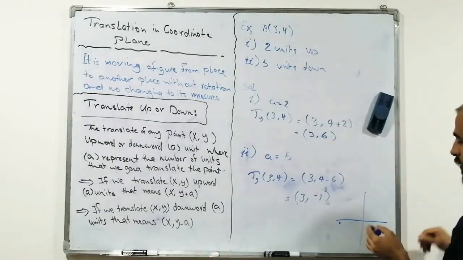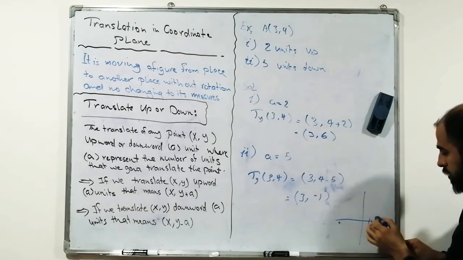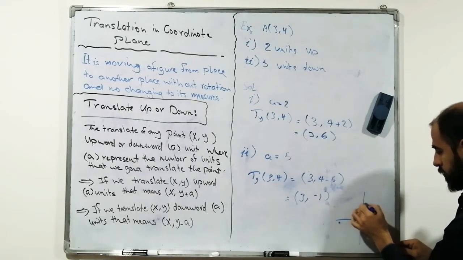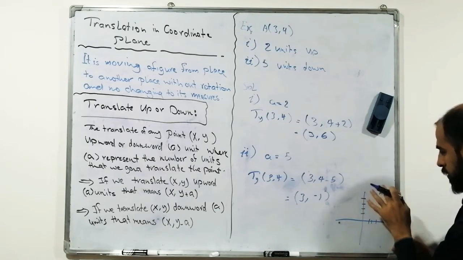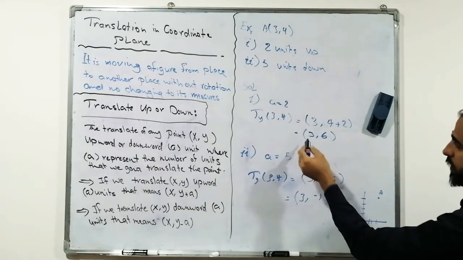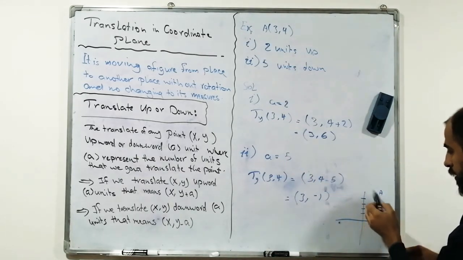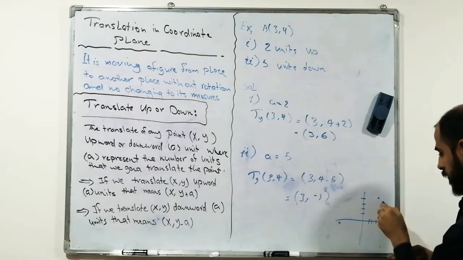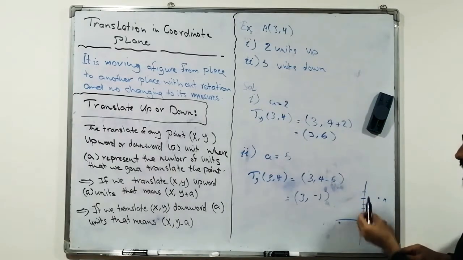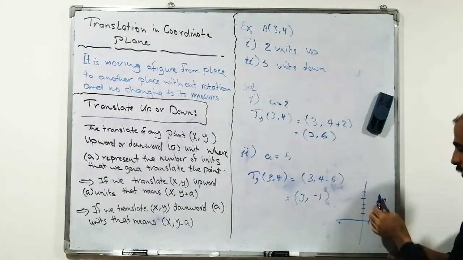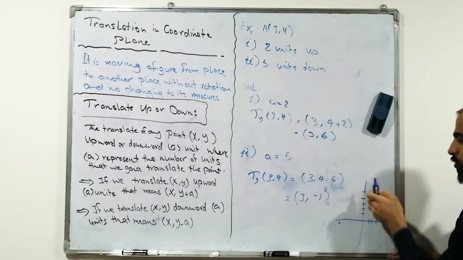the original point is (3, 4), A, and A dash is (3, 6). Here we have the translation 2 units upward, meaning the point will move 2 units upward.